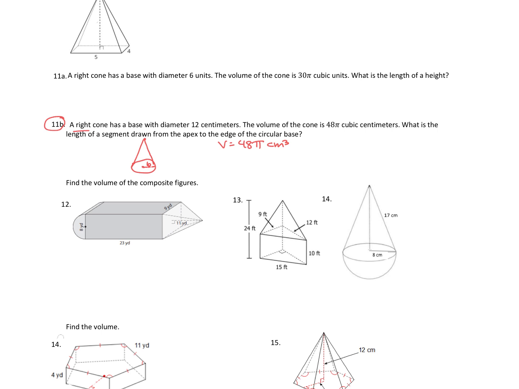And then it says, what is the length of the segment drawn from the apex to the edge of the circular base? So it's looking for this segment drawn from the apex to the edge of the circular base.